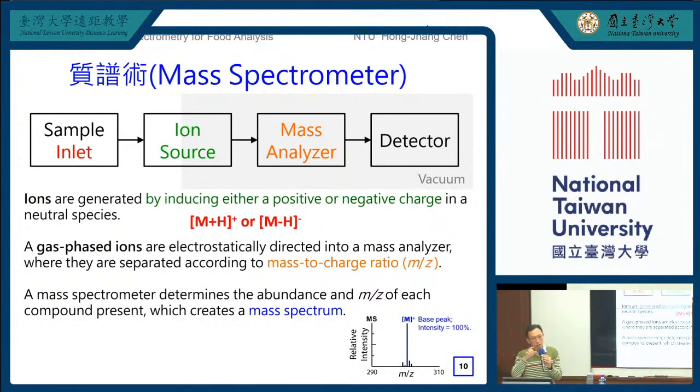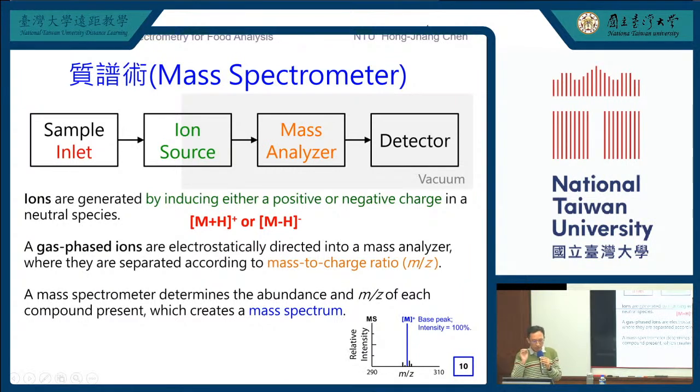So you need to know what kind of compound you want to detect, and you choose a proper ionization way to generate the ions. The gas phase ions are electrostatically directed into the mass analyzer, and they are separated according to the mass to charge ratio.